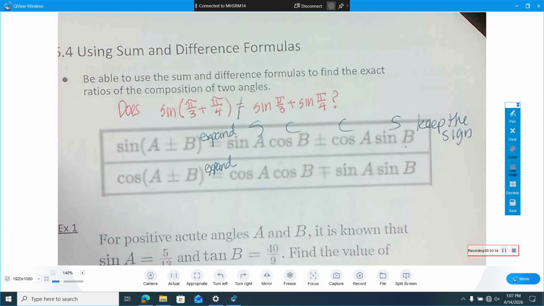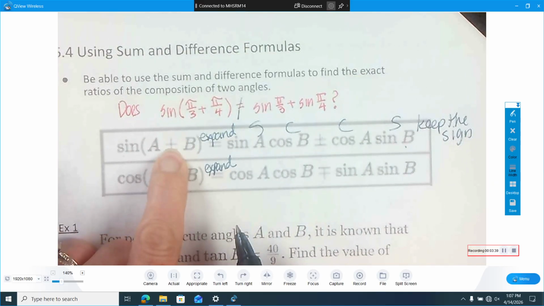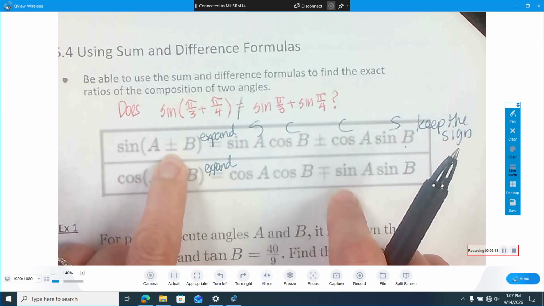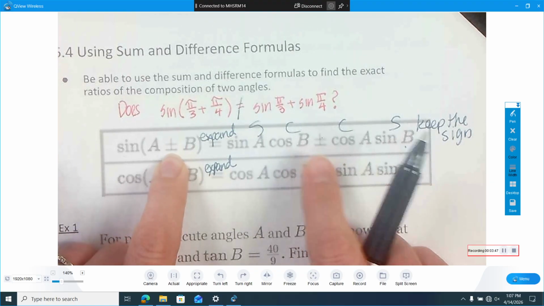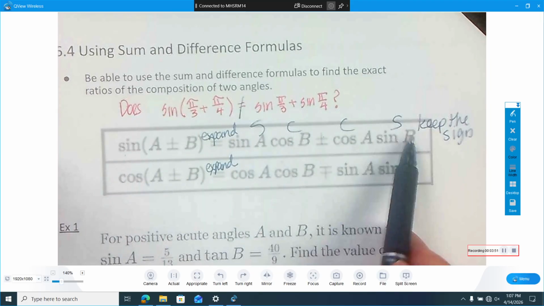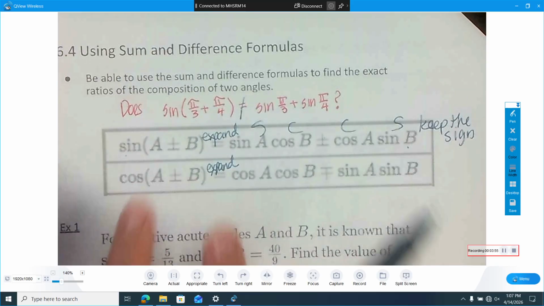What that means is if I'm adding my two angles, then my sign is addition. If I'm subtracting the two angles, then my sign is still subtraction. And the angles are first, second, that doesn't change. Sine, cosine, cosine, sine, and they start with sine.